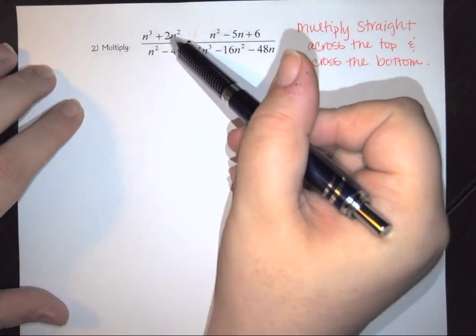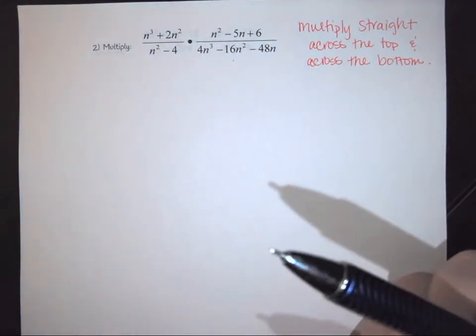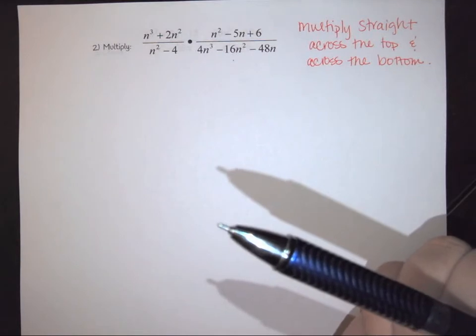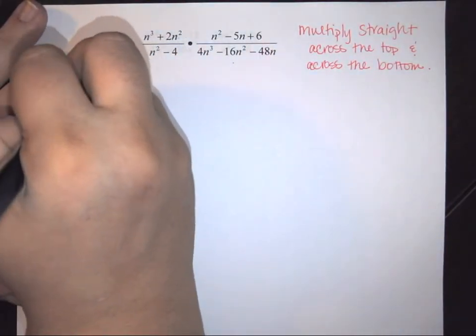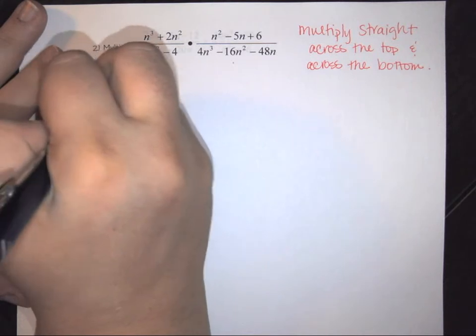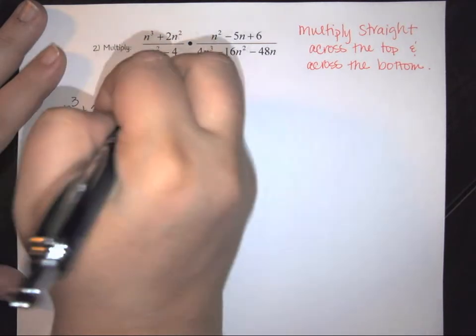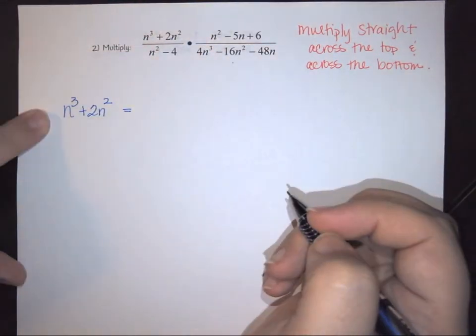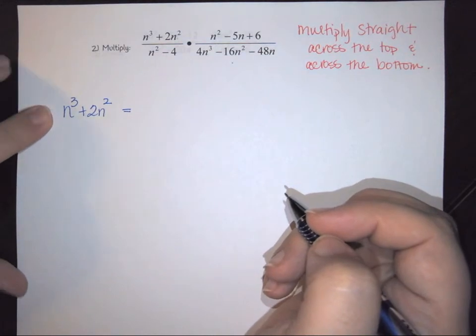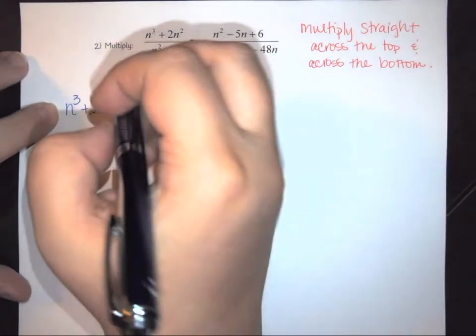So we have 4 different reductions that we have to make here. So we can start with the first one. So I have n cubed plus 2n squared. So when I simplify that down, the first thing I can do is pull out an n squared.